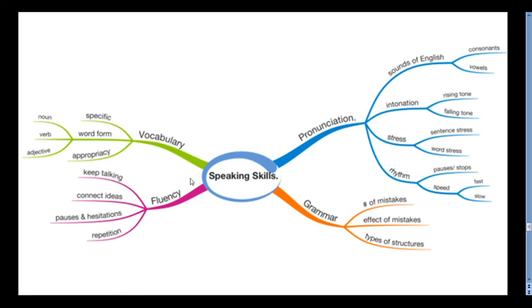So, in fluency, again, we should keep on talking, and while we are expressing ourselves, try to connect each idea. There should be a connection. There should not be disconnected thoughts expressed. We should connect each and every idea and thought which we are going to convey.